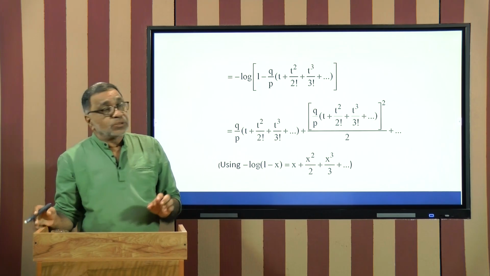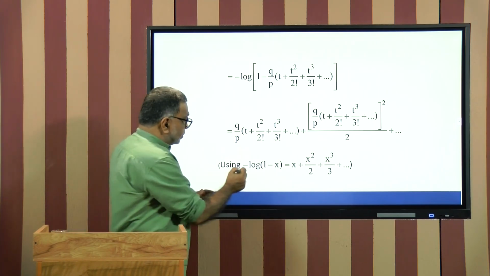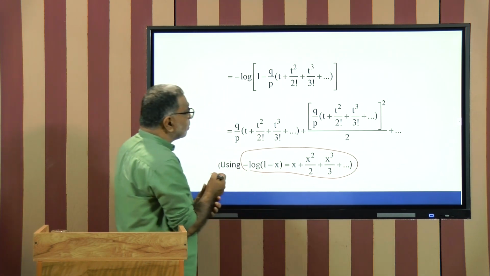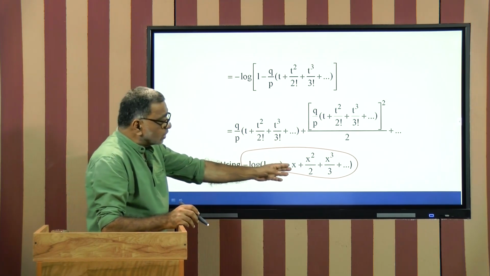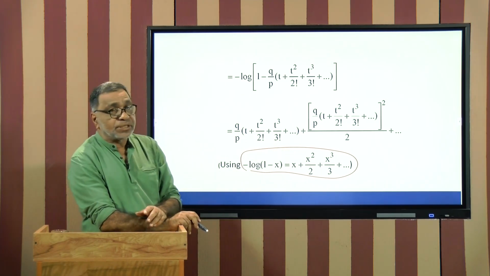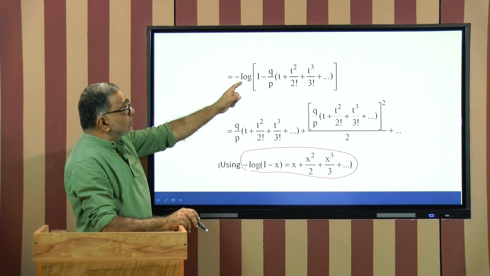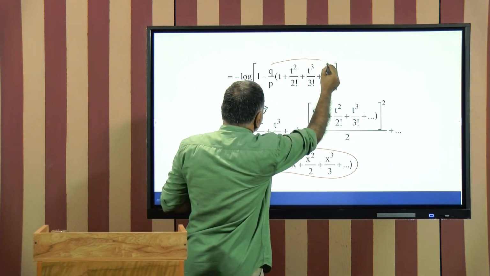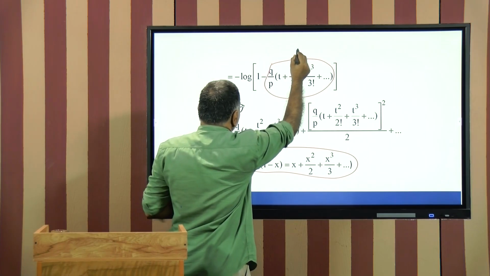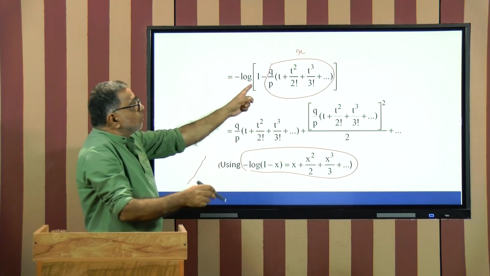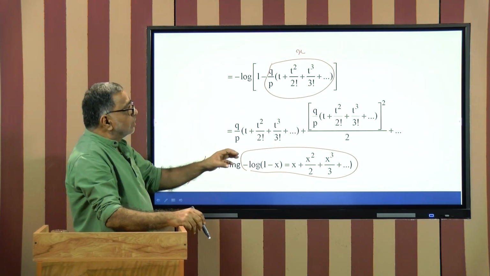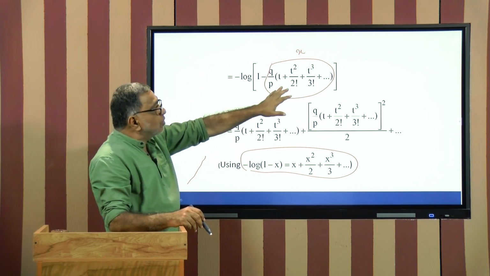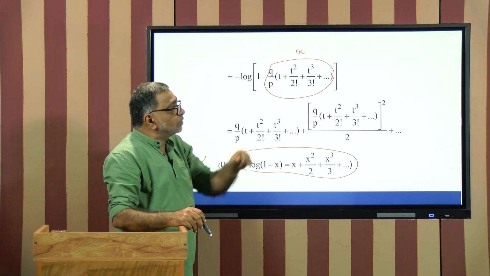You know the expansion of minus logarithm of 1 minus x is equal to x plus x squared by 2 plus x cubed by 3 plus etc. On the basis of that expansion, this expression is treated as our x. So, minus logarithm of 1 minus x is expanded as x, that is q divided by p (t plus t squared by 2 factorial plus t cubed by 3 factorial plus etc.).